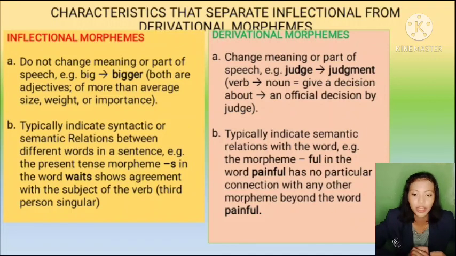D, typically occur at the margin of a word. The derivational morphemes: A, change meaning or part of speech. B, typically indicate semantic relation with the word. C, typically occur with only some members of a class of morphemes. D, typically occur before the inflectional suffixes.